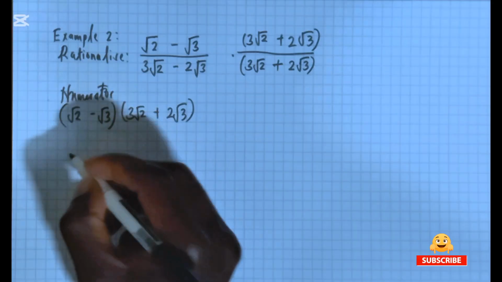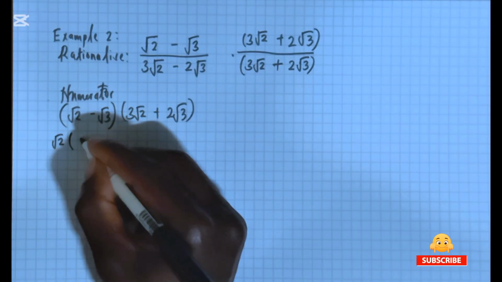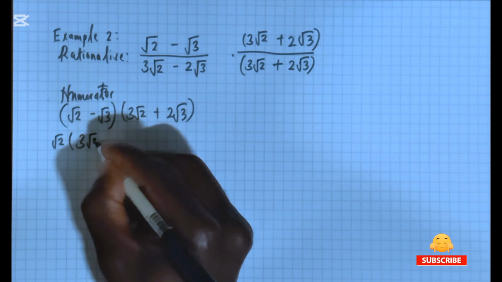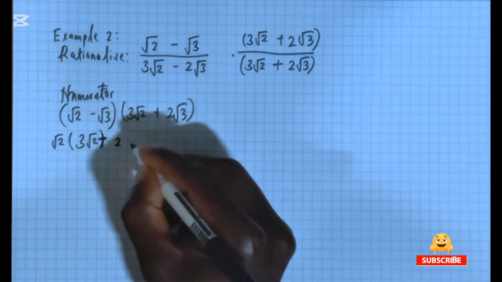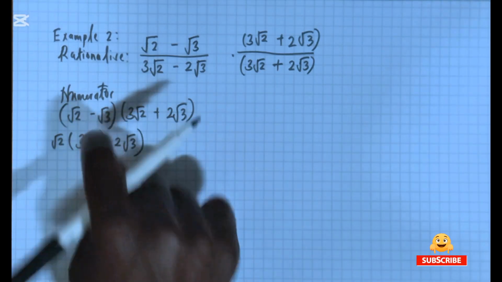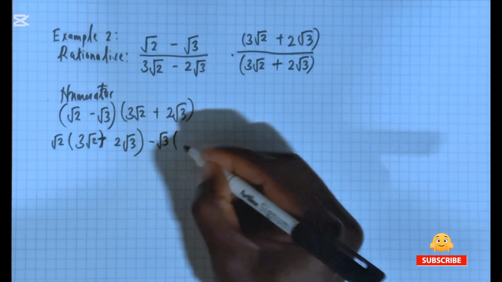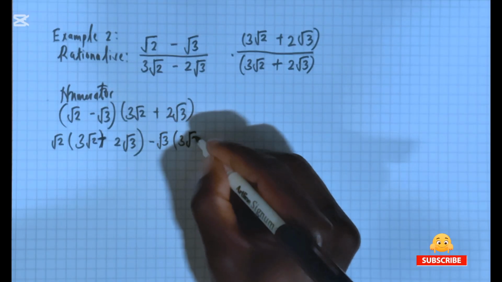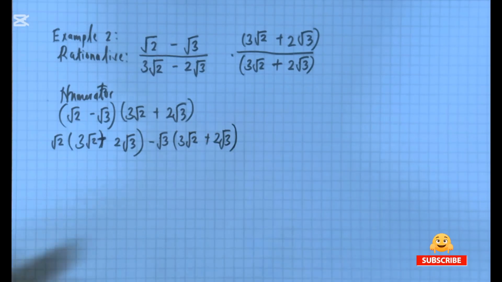So that's going to be root 2, surd of 2 into 3 root 2 plus 2 root 3. Okay, so we are maintaining this and breaking this. Minus root 3 into 3 root 2 plus 2 root 3.